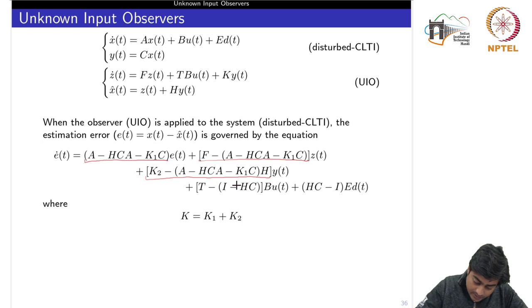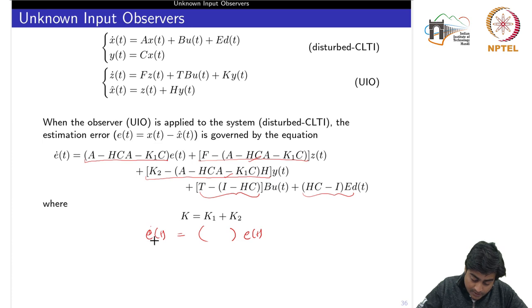Now this equation is pretty much important because what do we want? That the error dynamics should be equal to 0 under the presence of the external disturbance d. So if we make all these matrices, this one, this one, this one, and this one, somehow equal to 0, then we would be having only E dot of t is equal to some matrix times E of t.